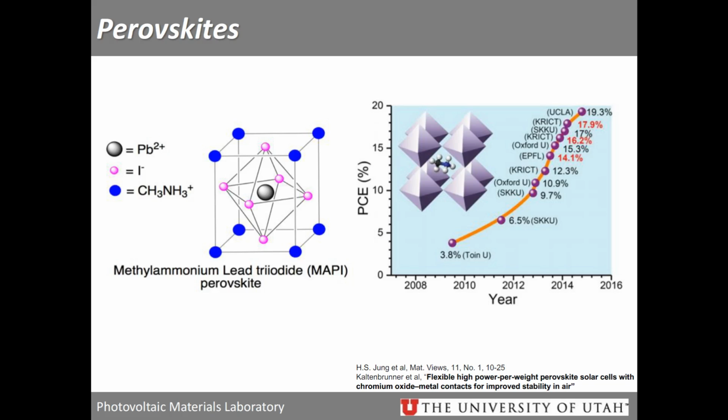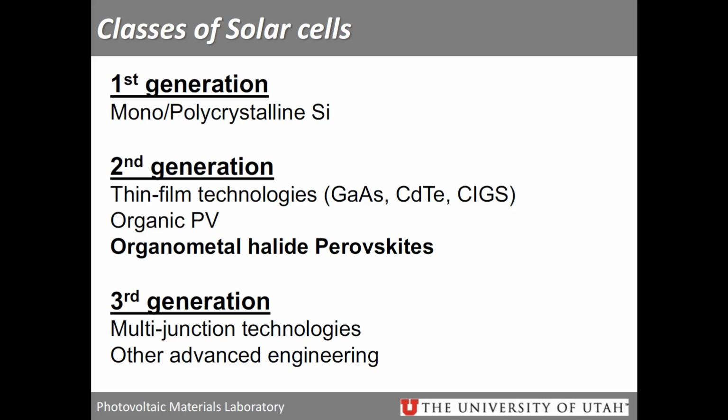Now, perovskites are nothing but an amalgamation of a metal, and this would be easier to understand. It's an organometal halide perovskite. So it has a halogen group in itself, an organic material, and also a metal.